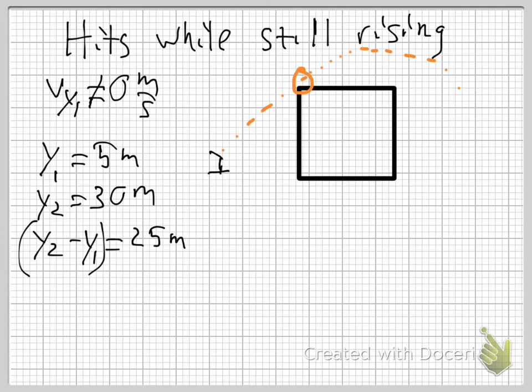I cannot just use this equation right away because I don't know time.